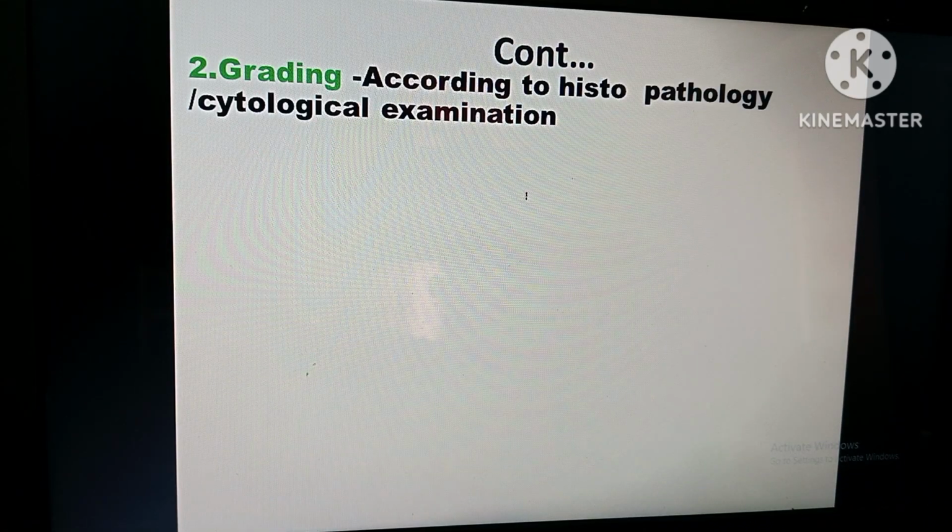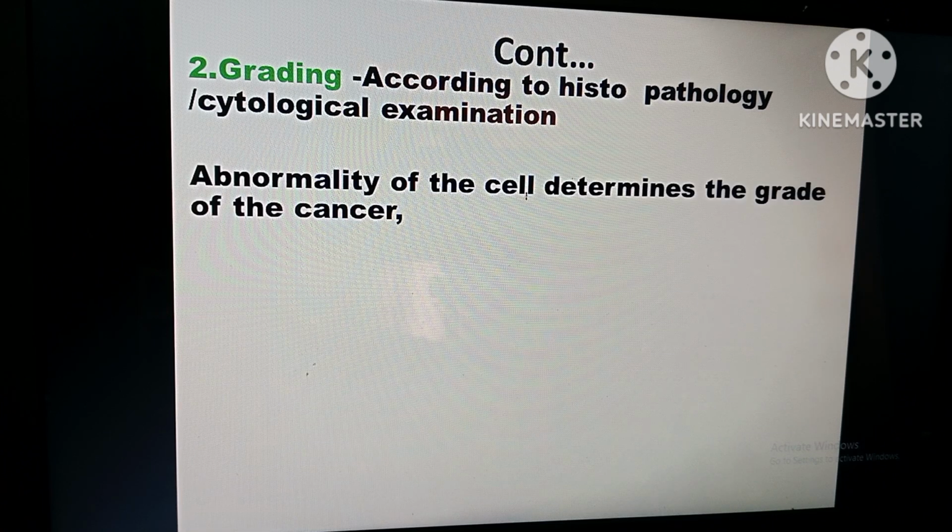Okay, now second is how cancer is classified according to grading. When a client comes to the hospital and the doctor has a doubt, they will remove a biopsy or any sample and send it for histopathology or cytological examination. Doctors will study each individual cell's structure and function under the microscope.